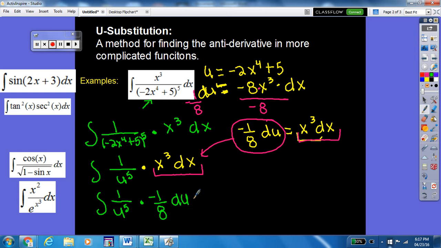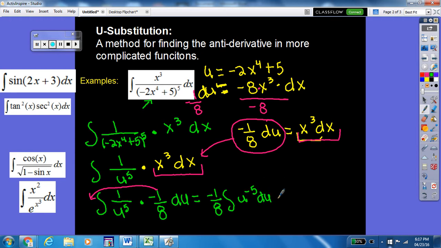And as I said in video number 1, if you're multiplying by a constant, in this case the negative 1/8, it is perfectly okay, and in fact recommended, to pull it out of the integral so that things are a little bit easier to work with. So negative 1/8 times the integral of, and instead of 1 over u to the fifth, I'm going to write that as u to the negative 5. Again, thinking ahead that I'm going to do the antiderivative.